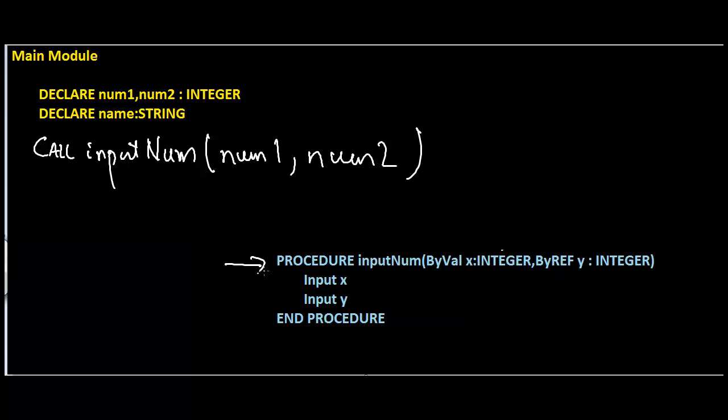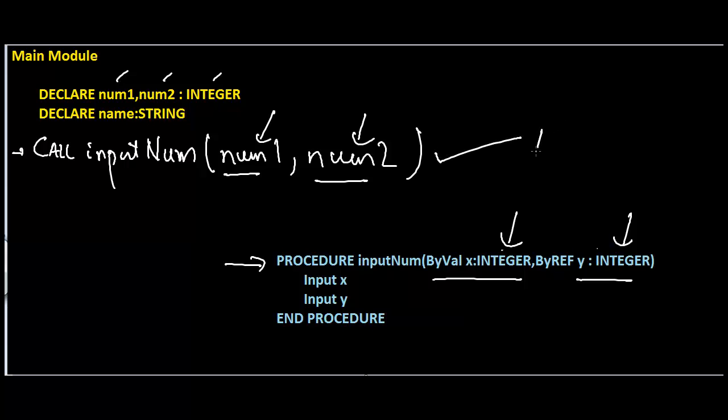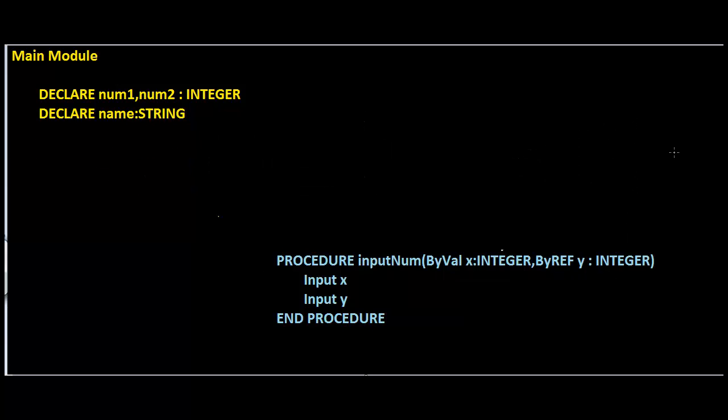So this procedure is expecting two parameters and both of those parameters must be integers. When we are placing this call, we are passing two parameters and both of these parameters are integers, right? Num1 is an integer and num2 is also an integer. So this call will be accepted by the compiler.